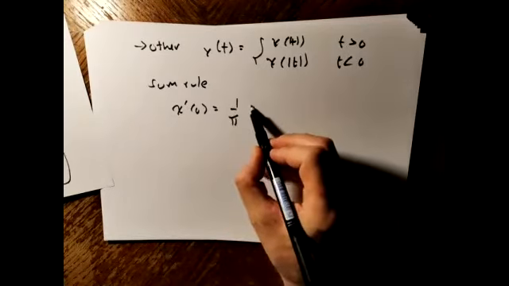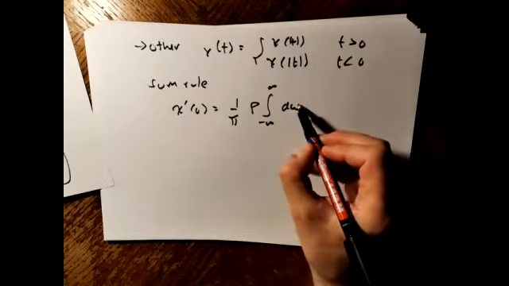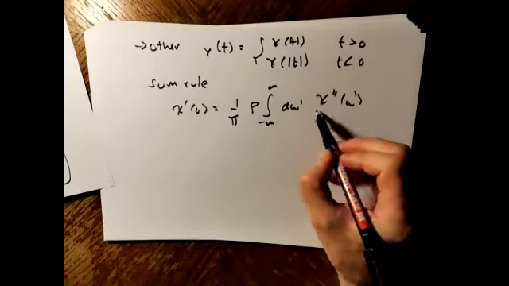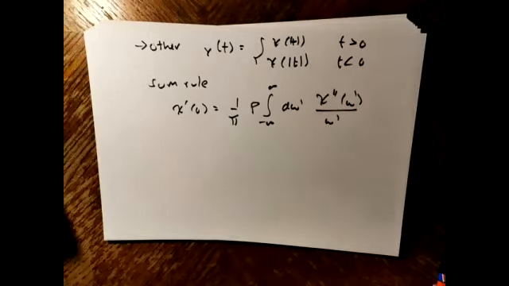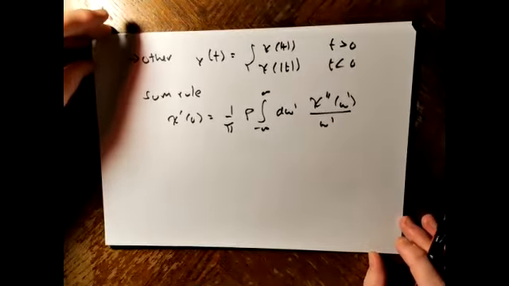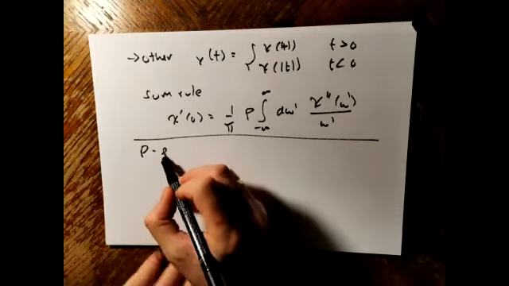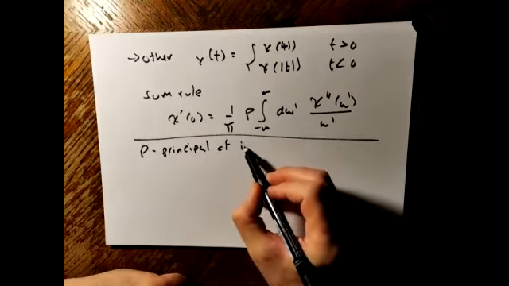So it's the same expression, principal value integral from minus infinity to plus infinity dω′ χ″(ω′) over ω′. This is known as the sum rule for the real part of the susceptibility. And the last little technicality that I want to quickly discuss is what we mean by the principal part of the integral.